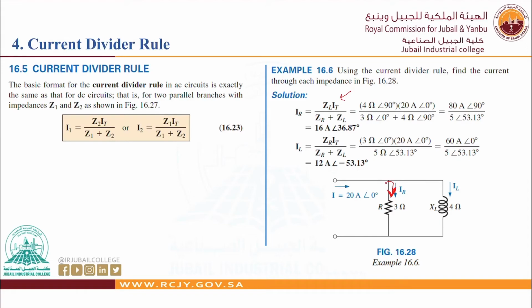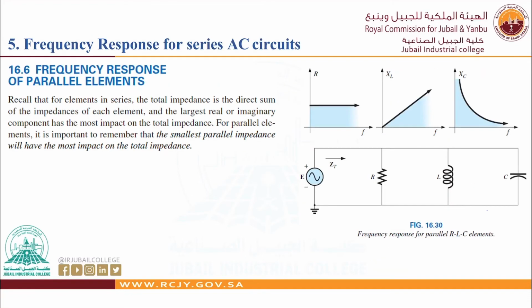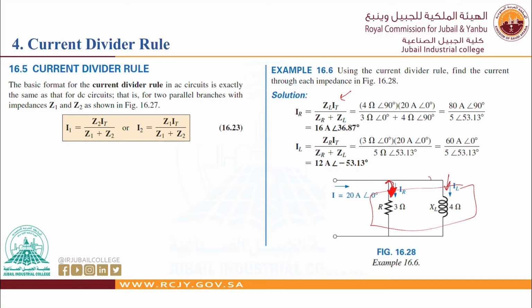If I need IL, I use ZR multiplied by I total over ZR plus ZL. As simple as that, shabab.